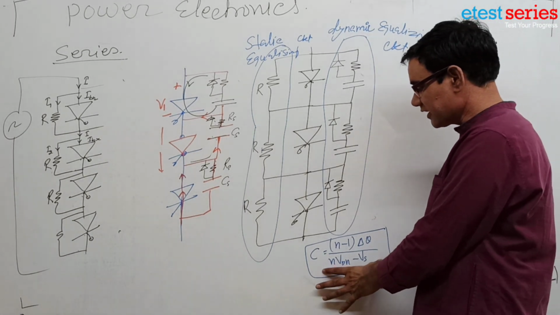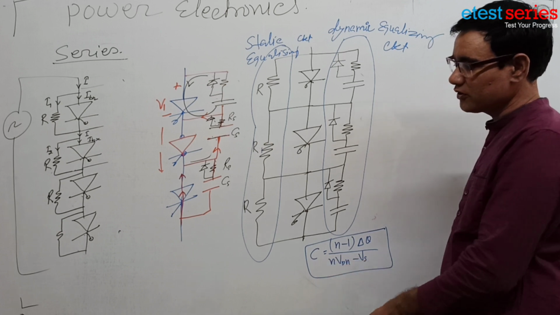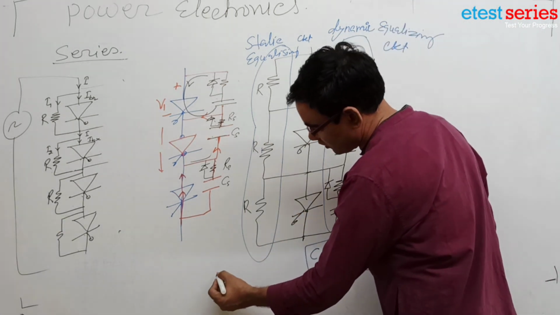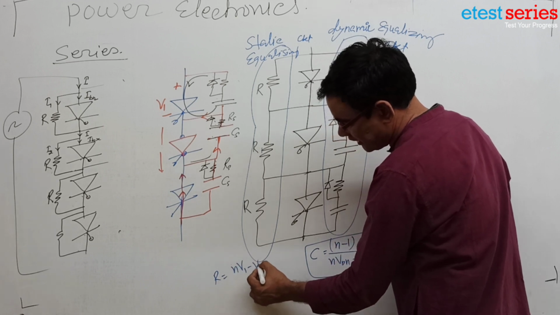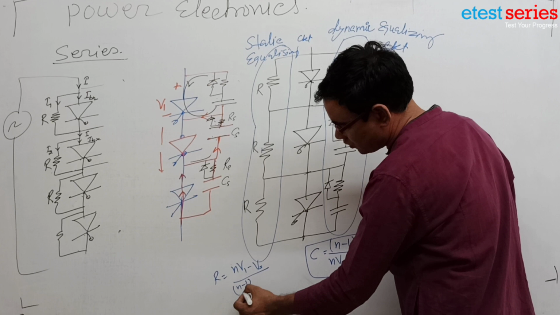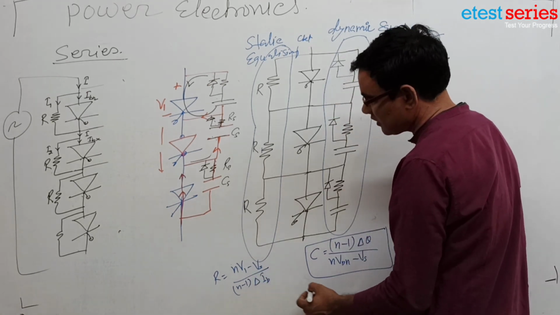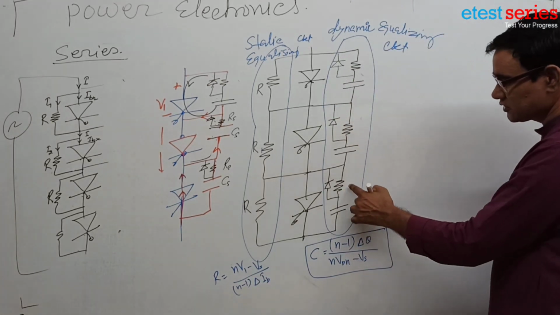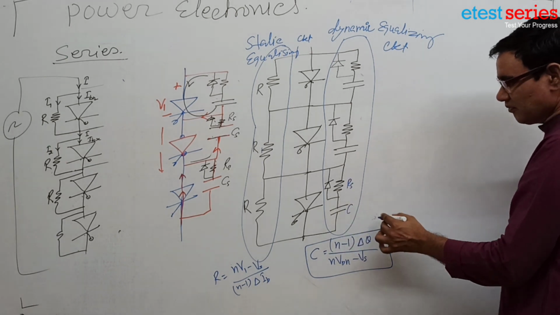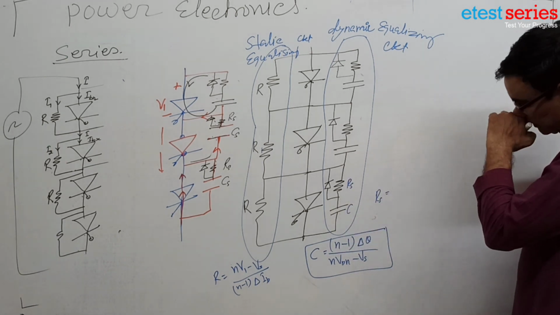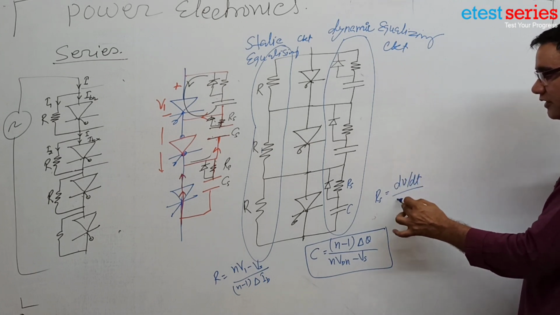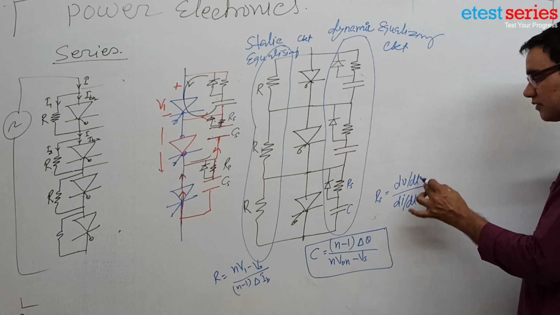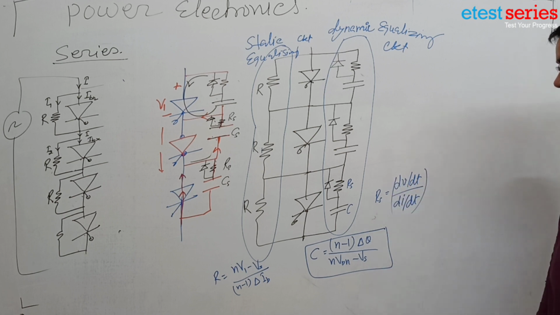The capacitors are connected according to this formula, and this resistance is connected according to R equals n V1 minus Vs divided by (n minus 1) times delta IB, the difference of the current. And this resistance is Rs, which is calculated as dV/dt divided by di/dt. This is the value of Rs. So these are the different ways to calculate this.